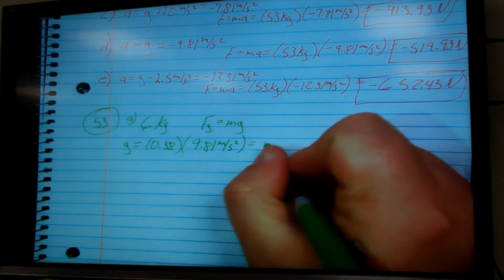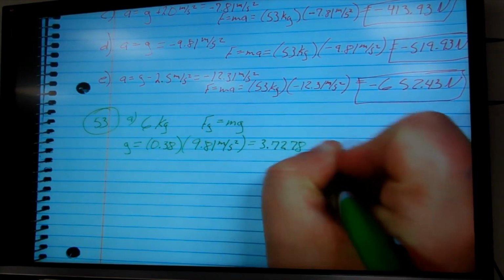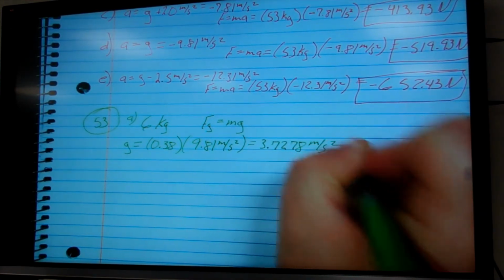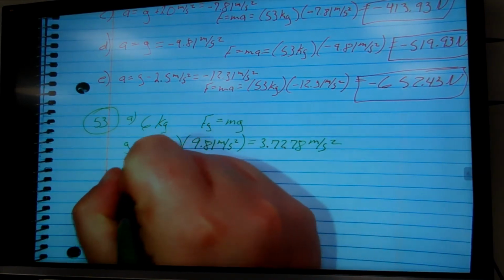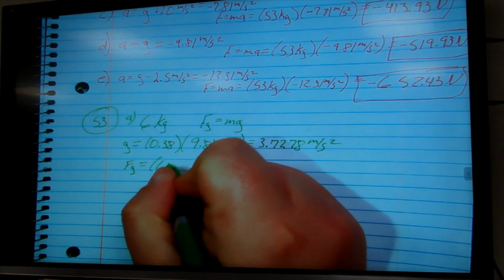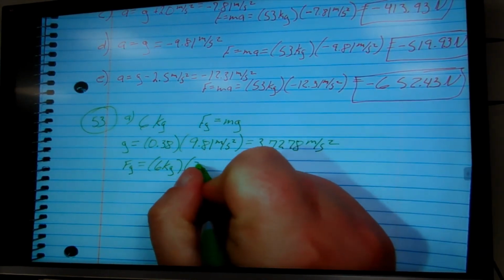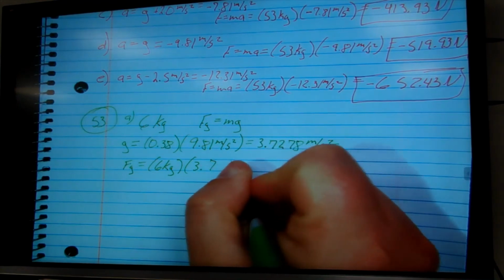So we find the value to be 3.7278 meters per second squared. Now the force of gravity is equal to the mass, which is 6 kilograms, times that gravity value we just calculated.